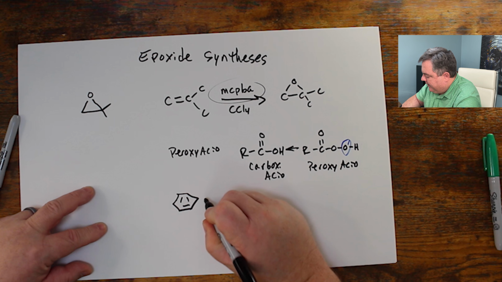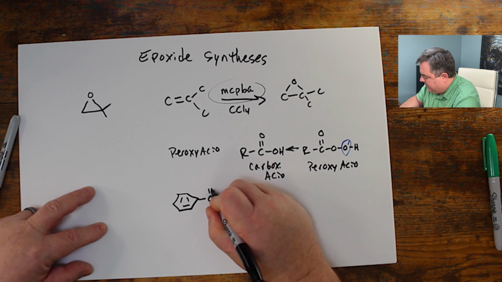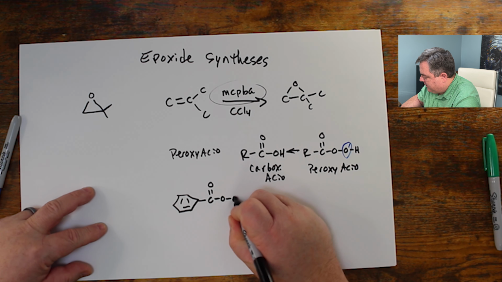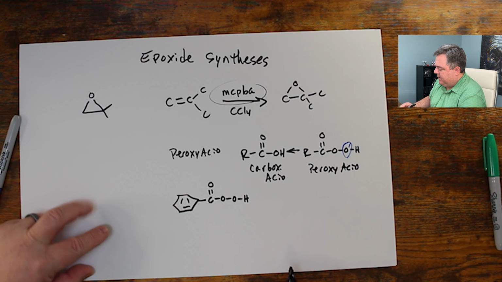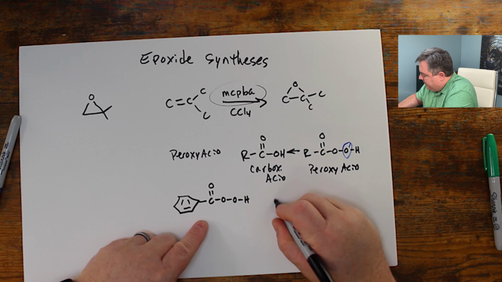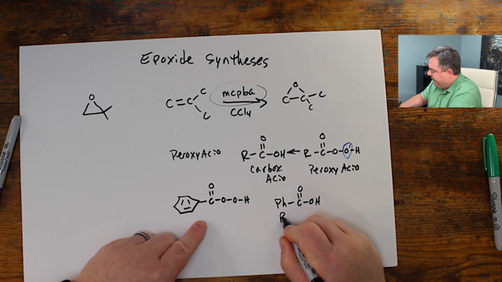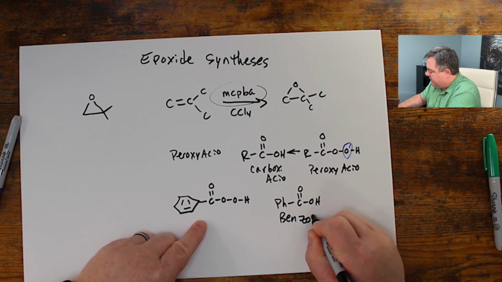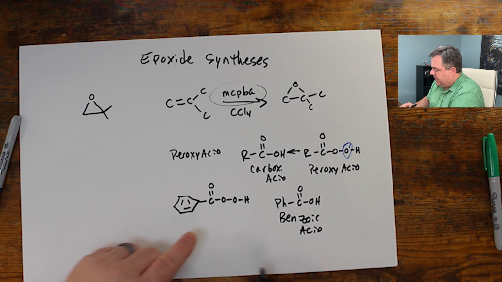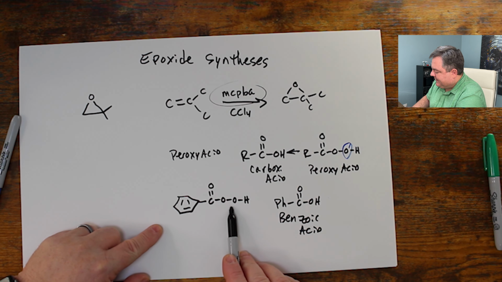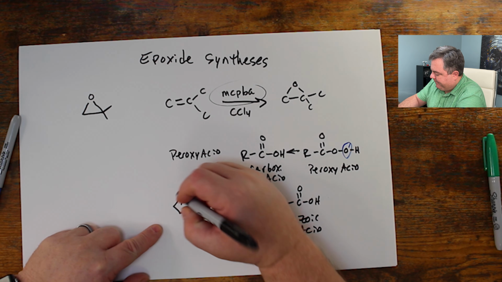It's a phenyl ring. And a phenyl carboxylic acid is called benzoic acid. This is peroxy benzoic acid.